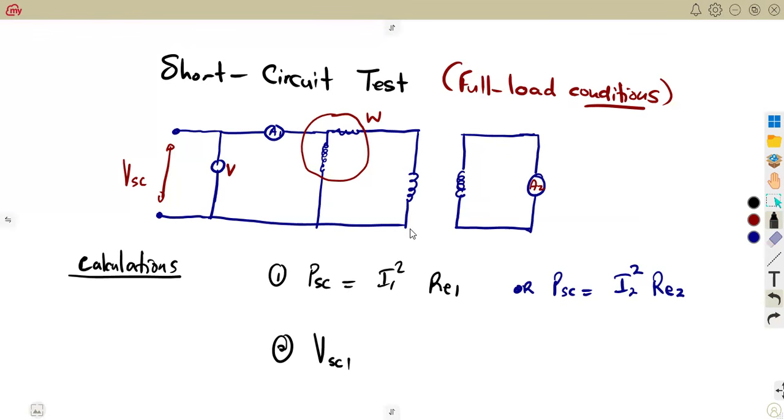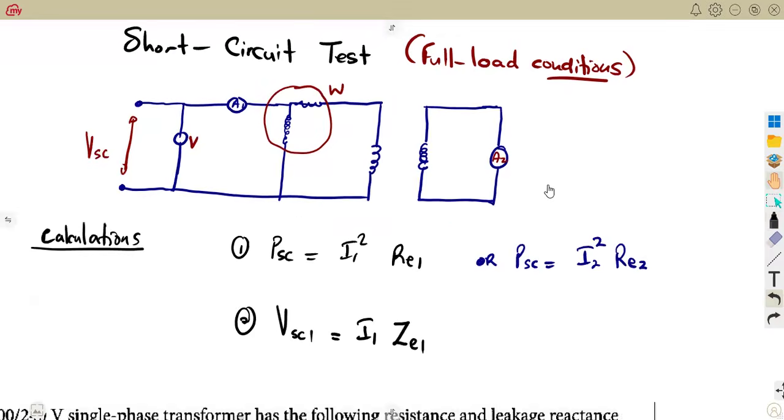So it can be calculated from I1. Remember, that's voltage. If you have voltage and resistance, you are going to consider this as the equivalent impedance.